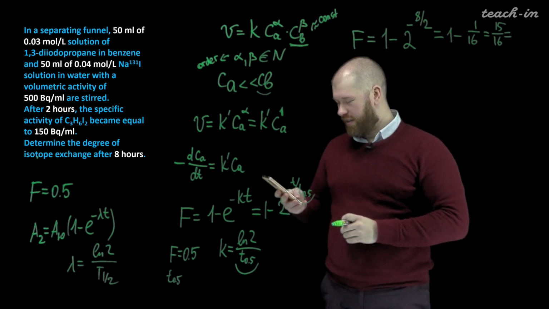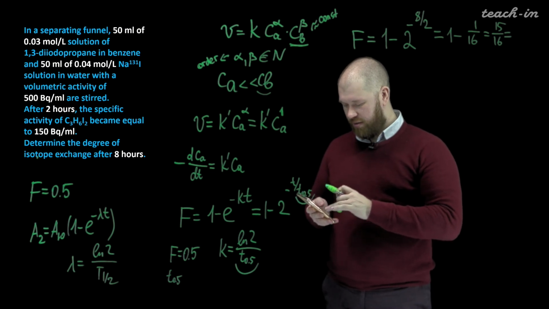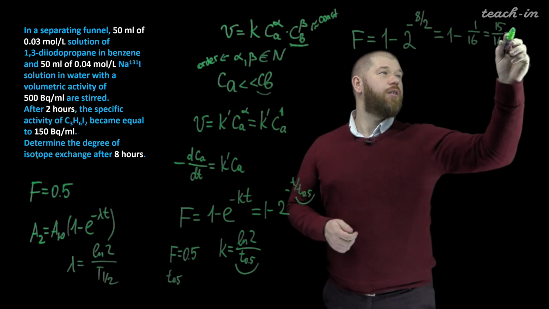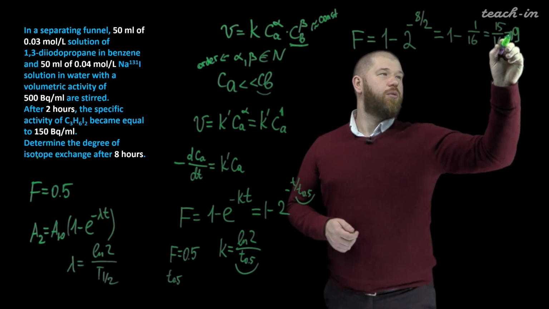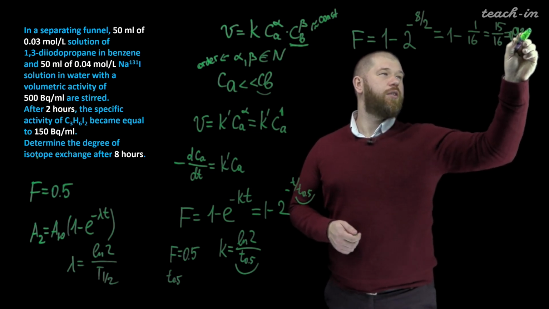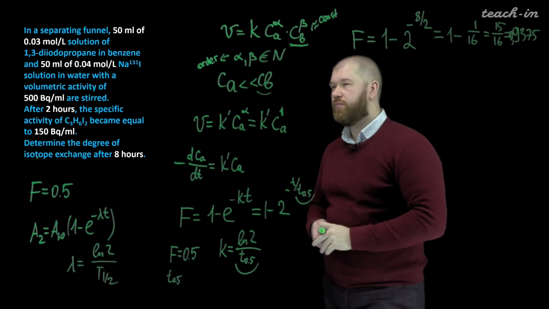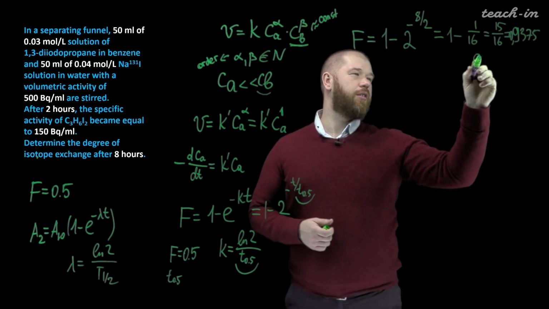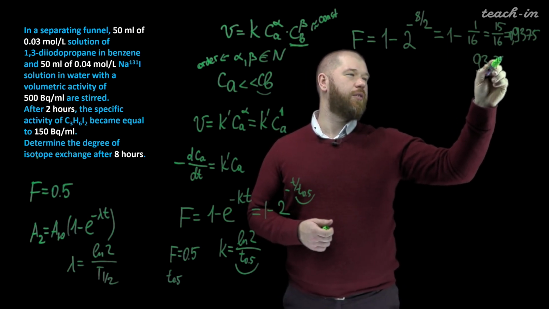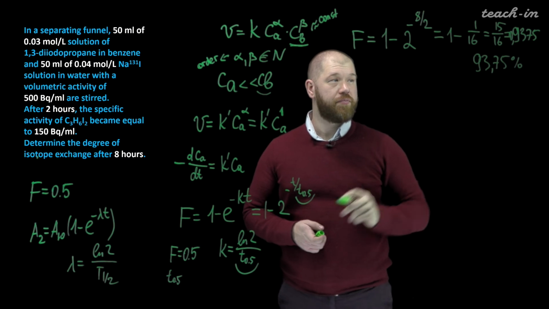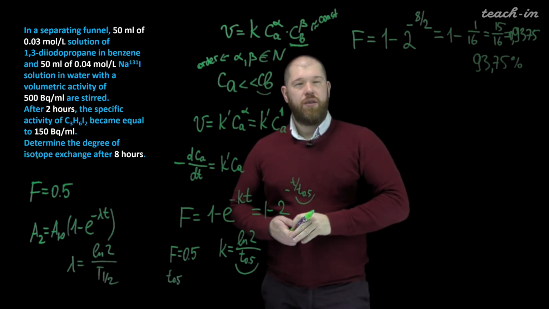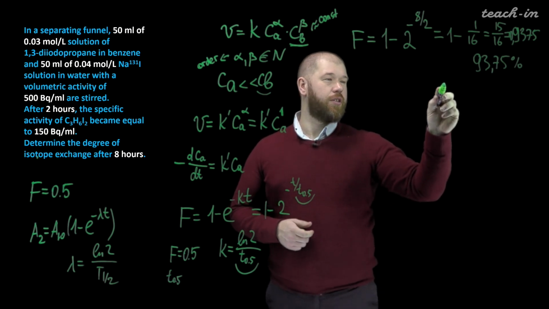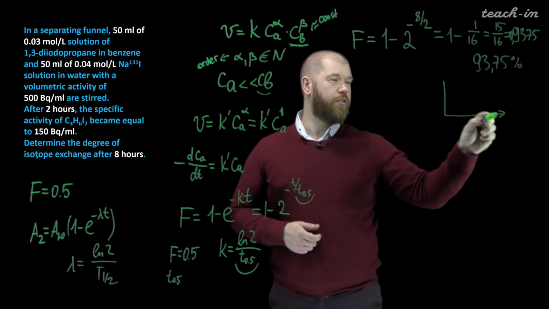Let's find the exact number. So it is 0.9375, or we can write it as 93.75%. Again, the same situation as in the case of radioactive decay.